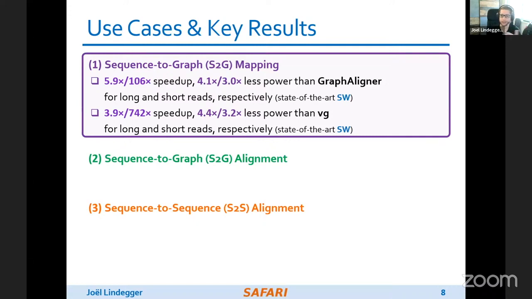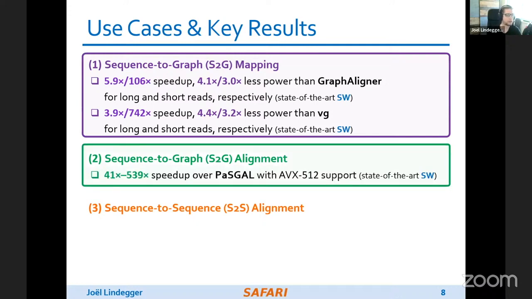So yeah, this goes kind of hand in hand with this point of this problem being much more difficult to solve and also to hardware accelerate. But basically over software, we get benefits as we should as a hardware accelerator. Then for sequence to graph alignment, there are also significant benefits even over highly optimized software libraries.